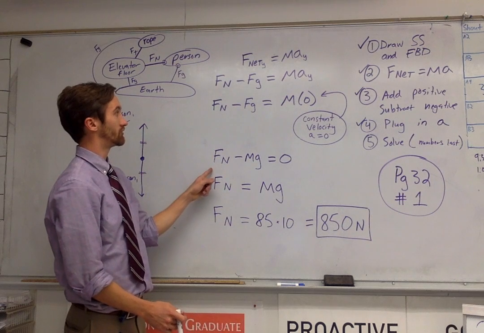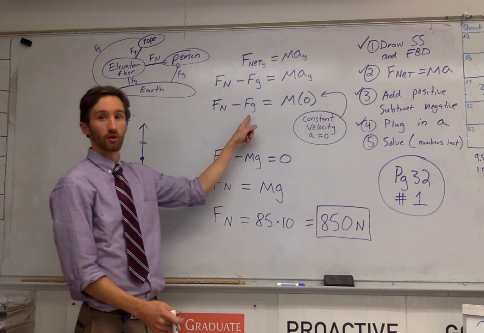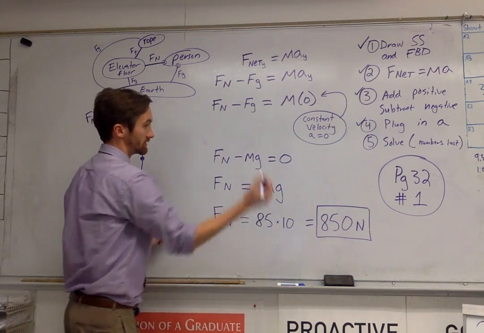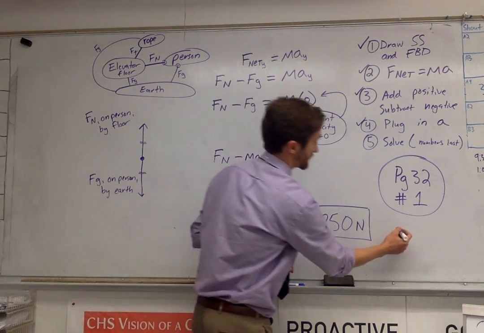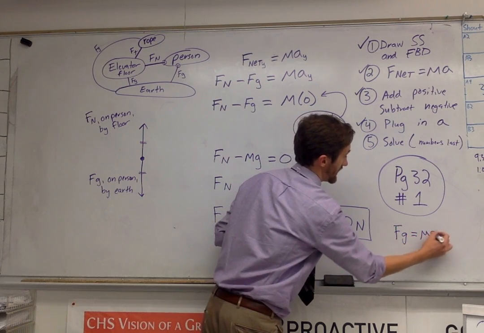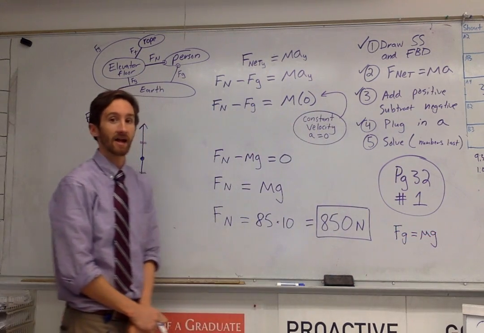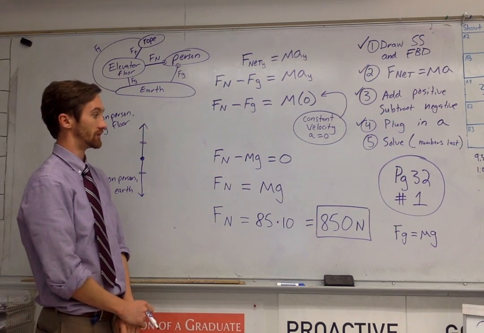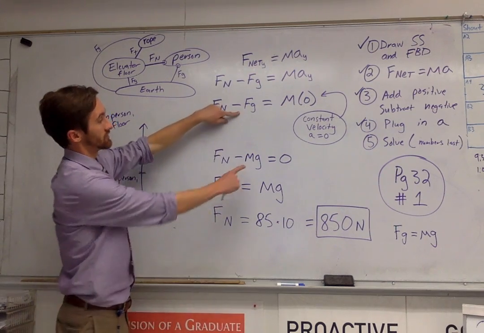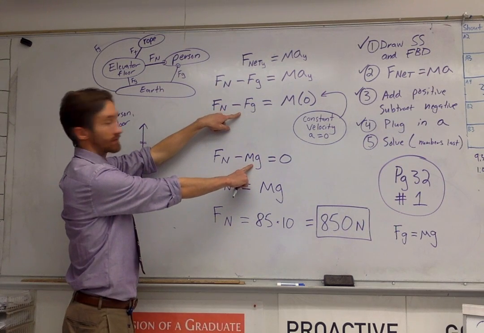Now we're going to solve. So we have normal force, and remember our gravity equation, or our equation for weight, is, let me write it over here, Fg equals mg, the mass in kilograms times little g. So we take that Fg out, we substitute in mg.